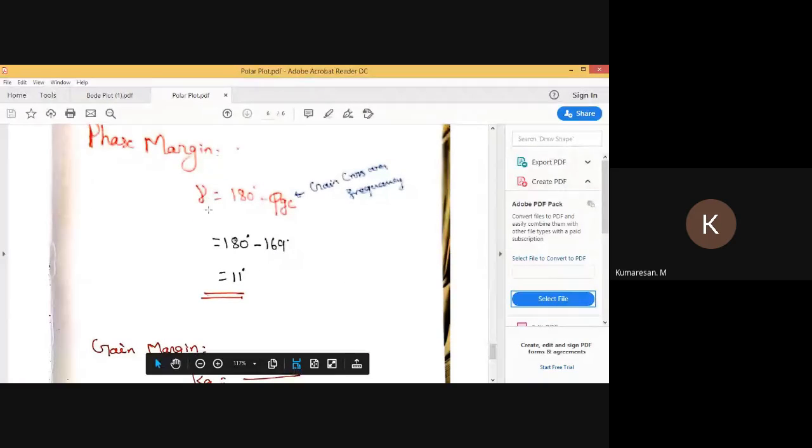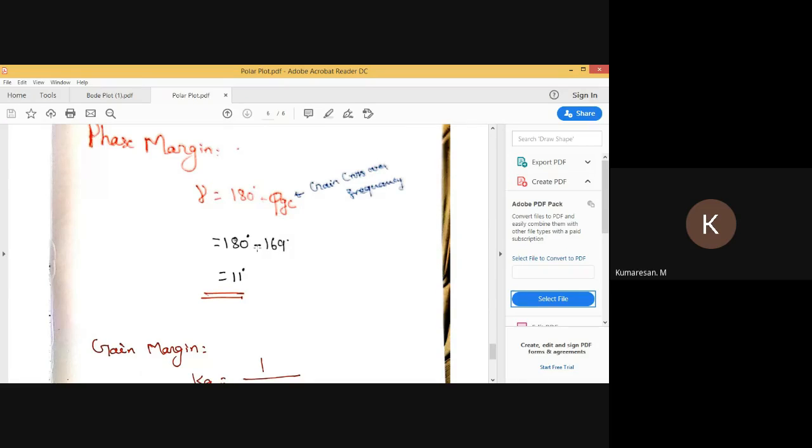You know that phase margin gamma equals 180 degree plus phi GC. Phi GC is nothing but the gain crossover frequency angle. What is it? Minus 169, which we found from the polar plot. So 180 degree plus, this is not a minus, 180 degree plus phi GC. Phi GC we get as minus 169. So now we get the phase margin equal to 11 degree.